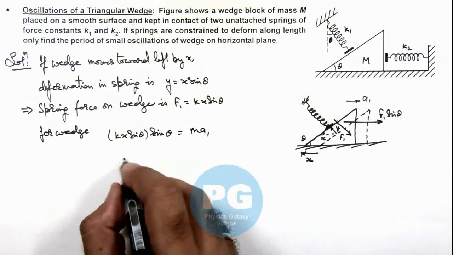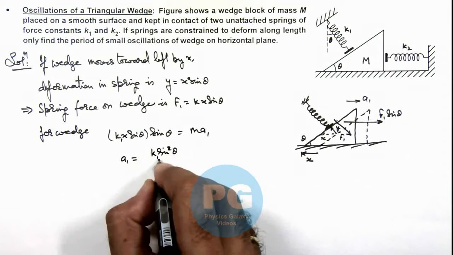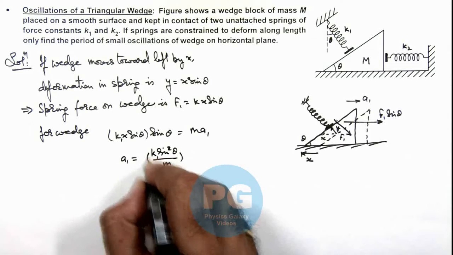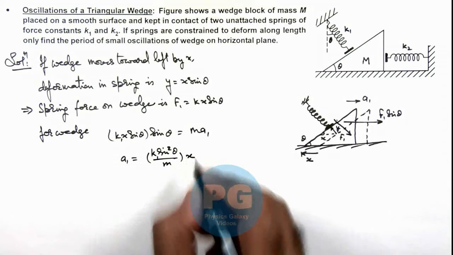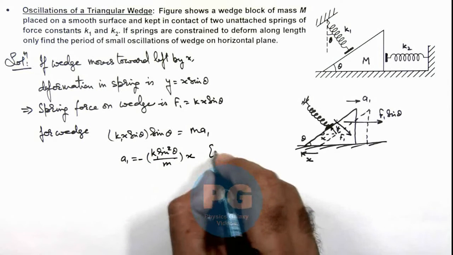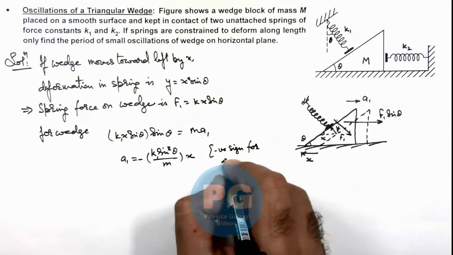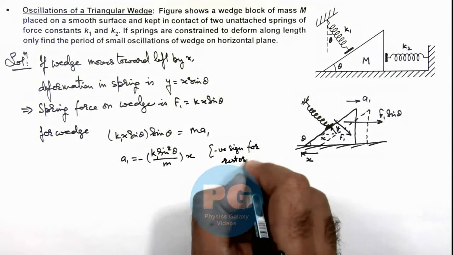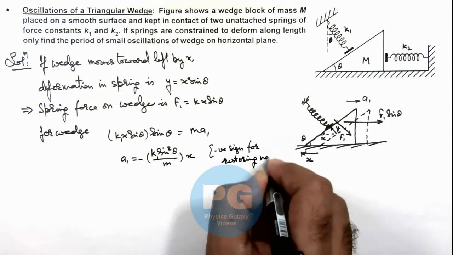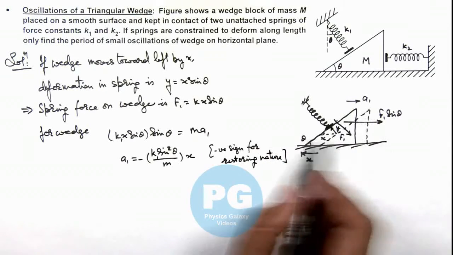So here the value of a1 we can see is k1 sine square theta by m multiplied by x. Again we can put a negative sign for restoring nature, or because a is opposite to x.